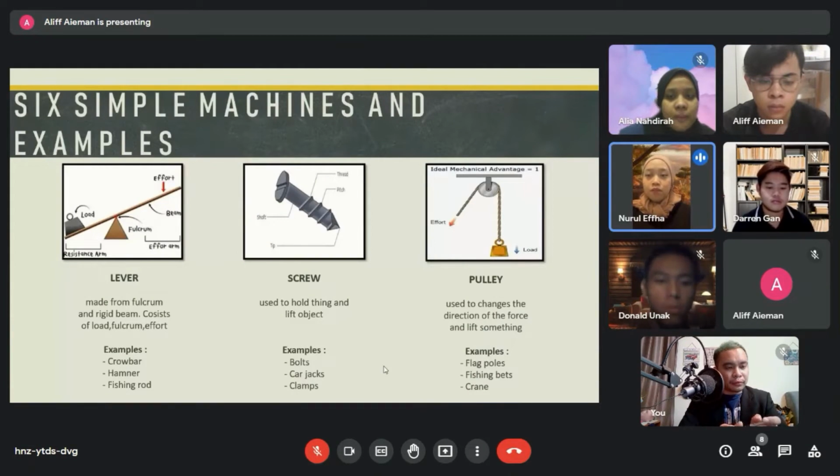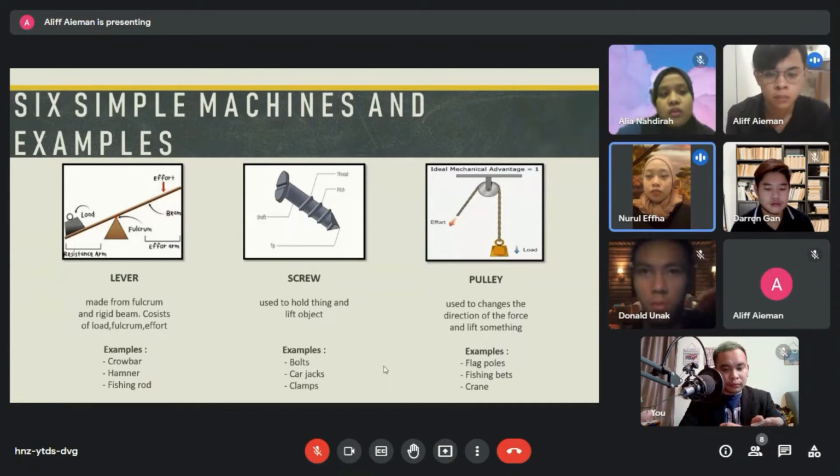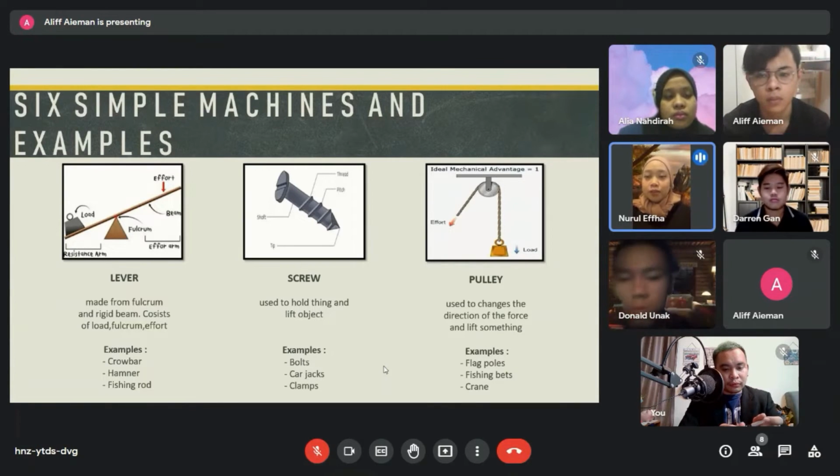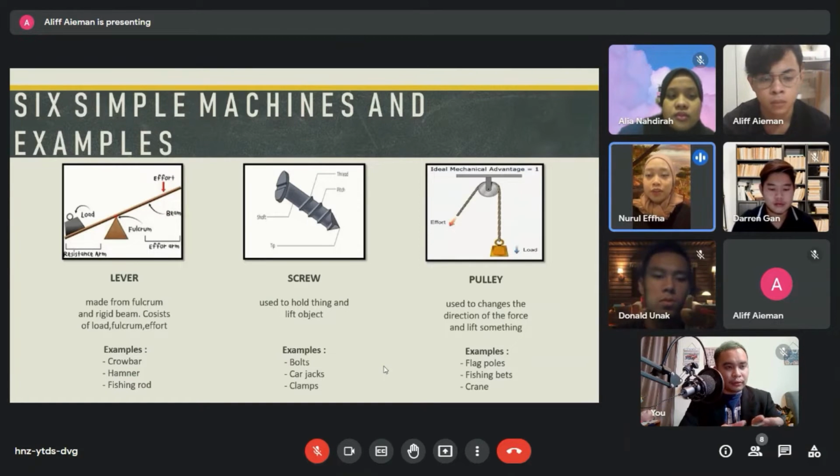Number 4 is lever. It's made from a fulcrum and a rigid beam. It consists of load, fulcrum, and effort. Examples: crowbar, hammer, fishing rod.